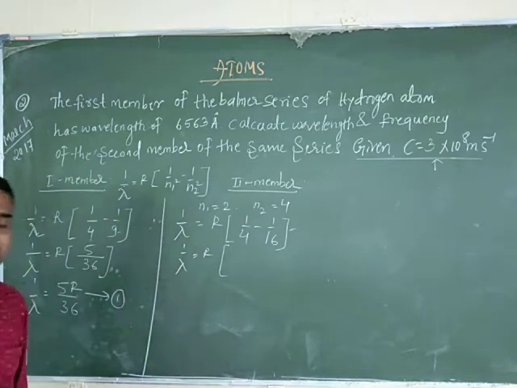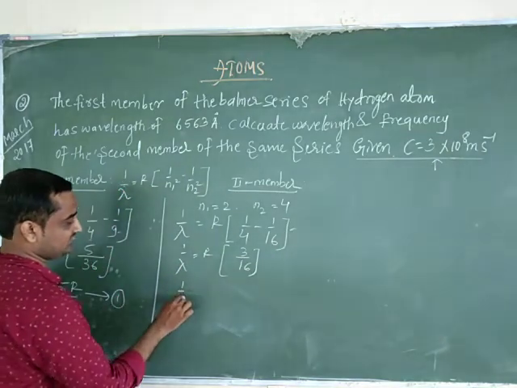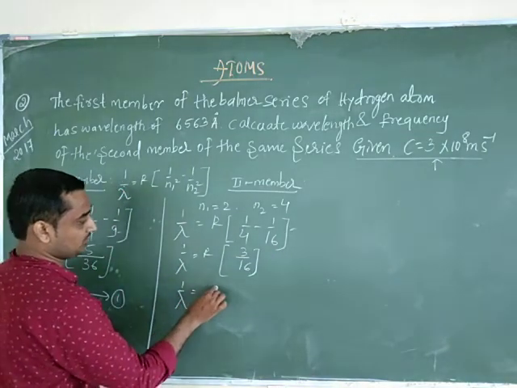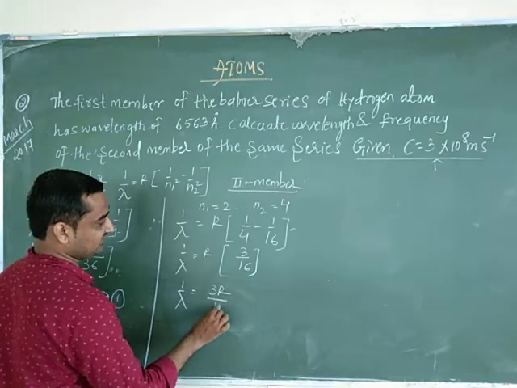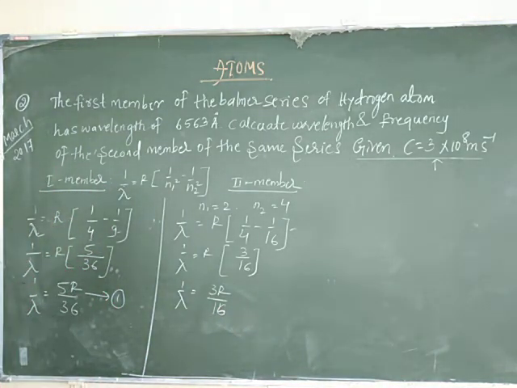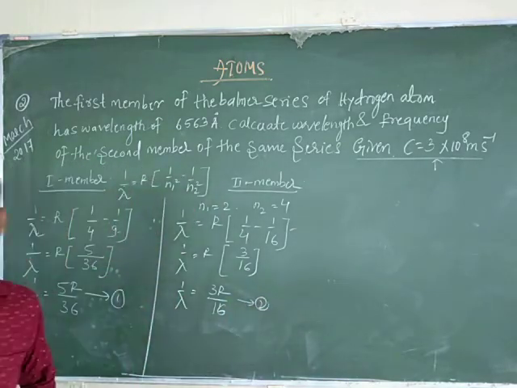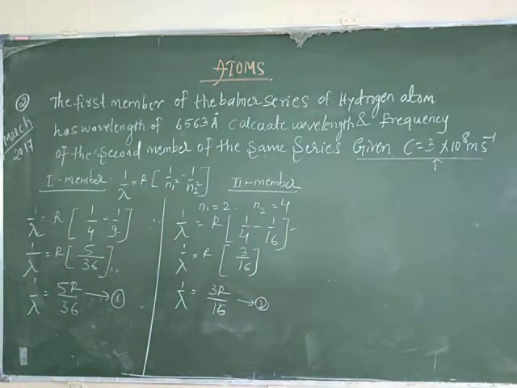Solve this bracket again by taking the LCM, and we will get 3 divided by 16. Therefore 1 divided by lambda is equal to 3R divided by 16. Call this equation 2.